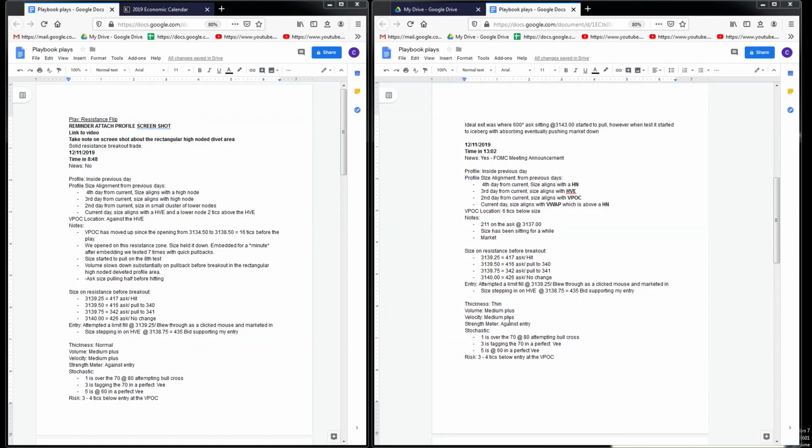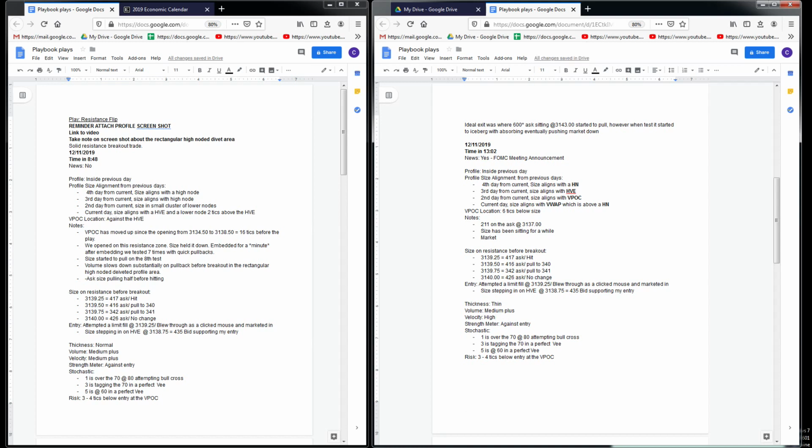I would say volume's more of a medium plus, so we'll stick with that. Velocity is going to be high. Yeah, we'll just put high because these are parameters right before the trade.